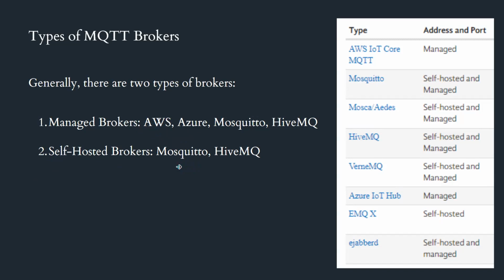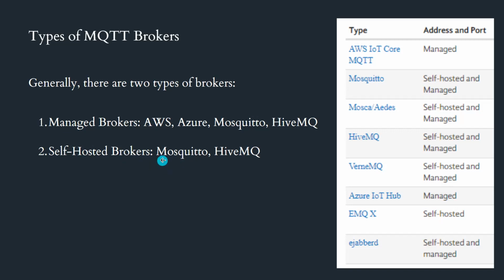The second type of broker is the self-hosted broker, which means that we have a broker which we can host on our own computers, right? We can set up the MQTT broker on our own laptop, and then we can set up connections with our IoT devices and use that.